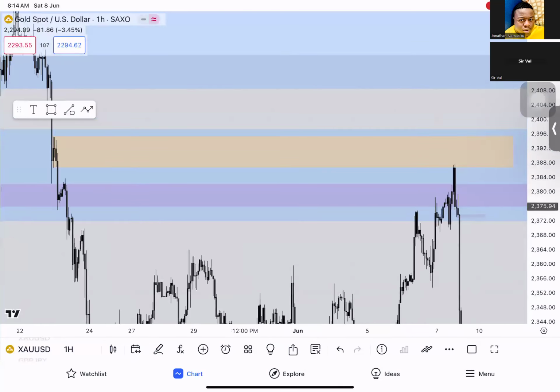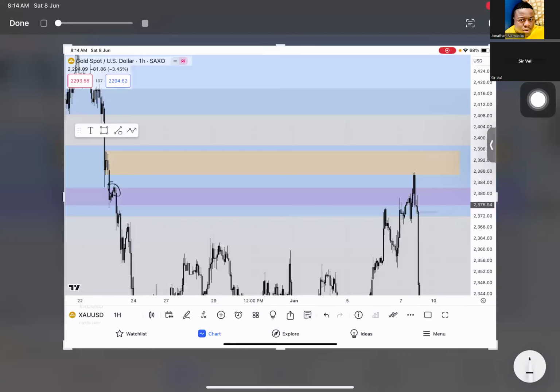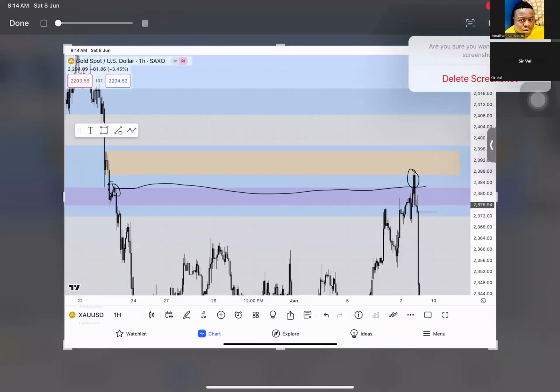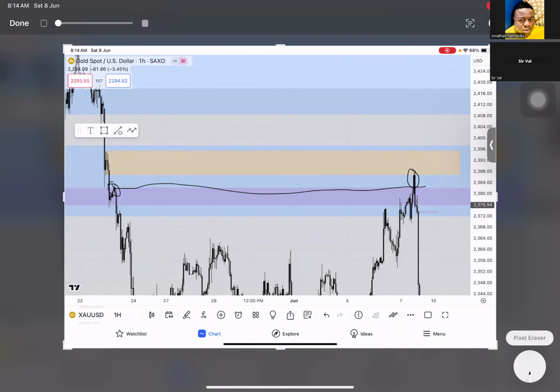Here is an engulfing sell, but price has broken out.